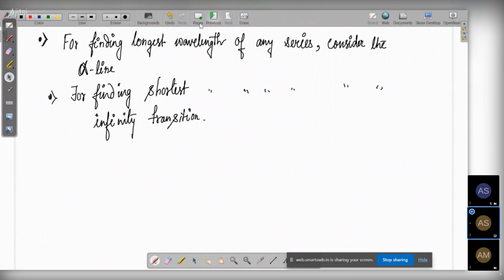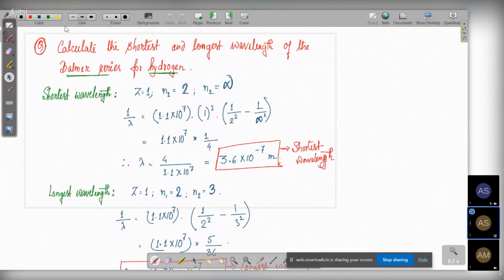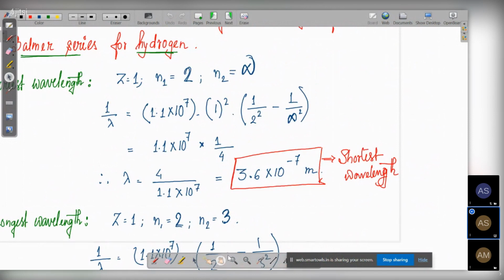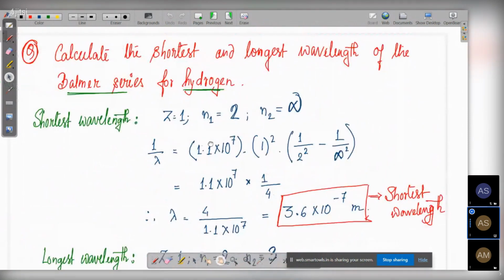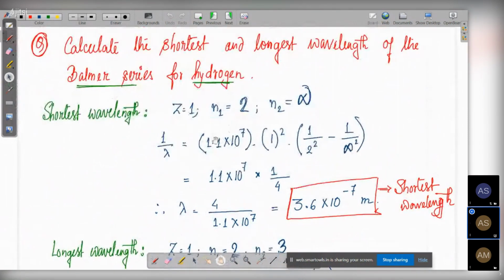So this type of shortest and longest wavelength question can come. In this question also, instead of telling Balmer series, they can give you the optical transition or visible spectrum. They can say calculate the shortest wavelength for the visible spectrum of hydrogen or for the optical spectrum of hydrogen.